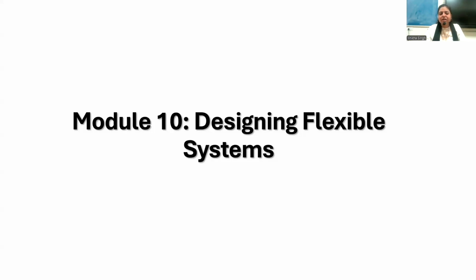We have reached the last module, module 10 of the Systems Engineering and Applications program. This module is particularly about designing flexible systems. So far we have studied a lot of concepts related to systems engineering, like the systems approach, systems thought, then systems thinking.